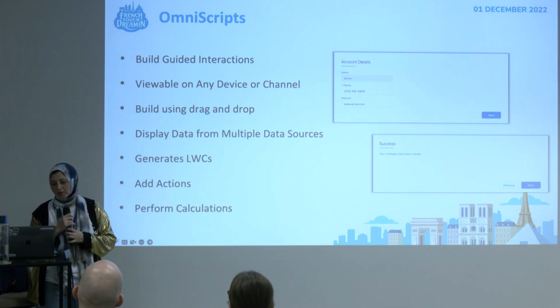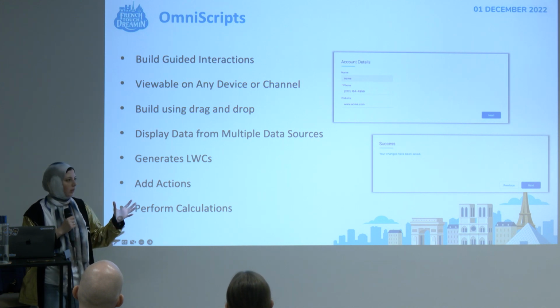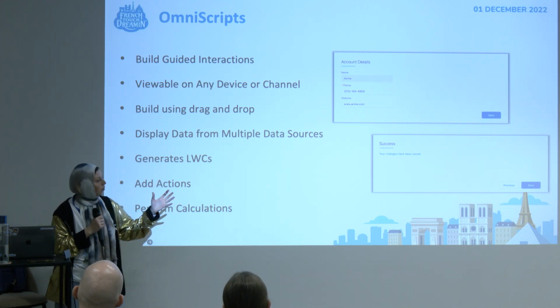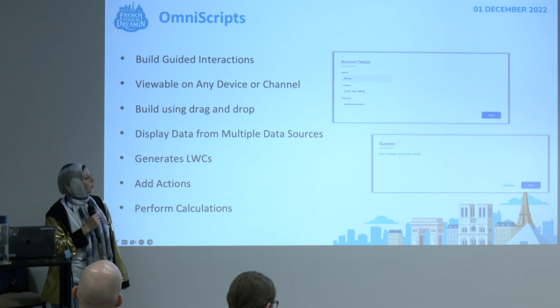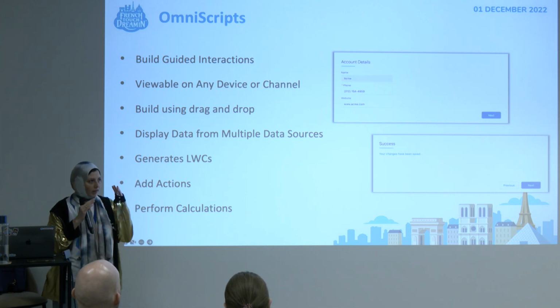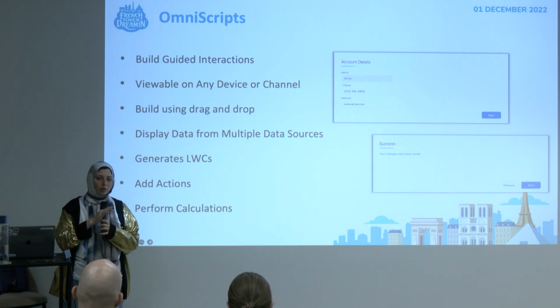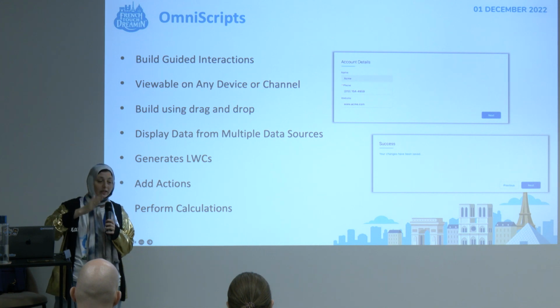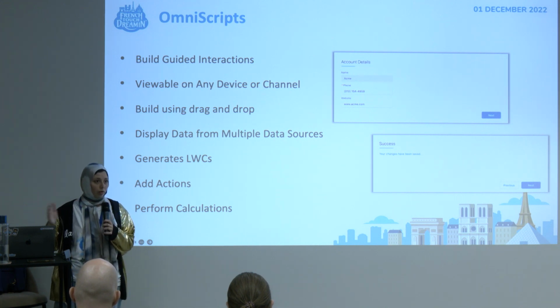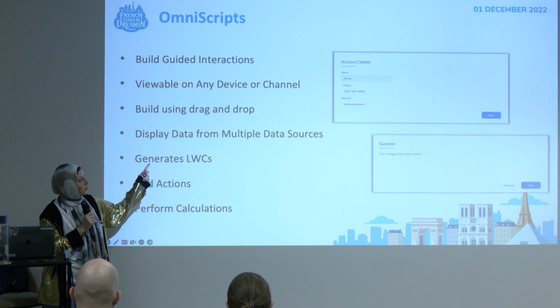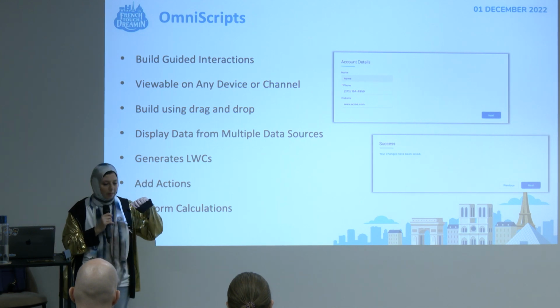Now Omniscripts, those are also a UI tool that you can use. Think of it as a guided process. When you think of something that needs a lot of steps to follow, this is where you can leverage Omniscripts. So for example, think about applying for a visa.